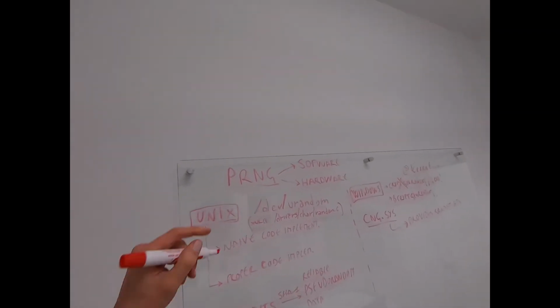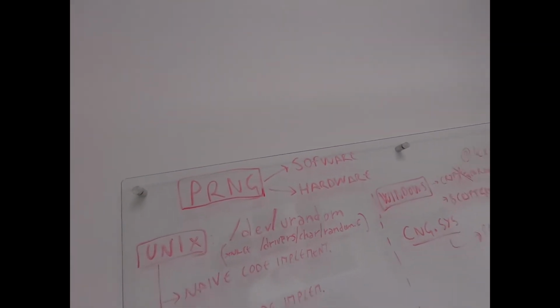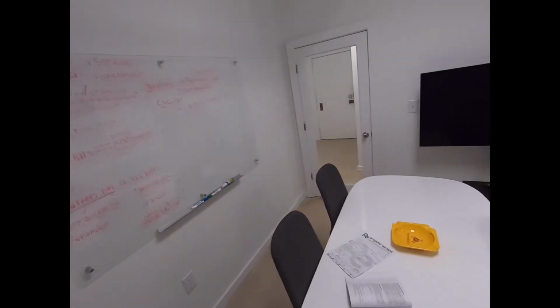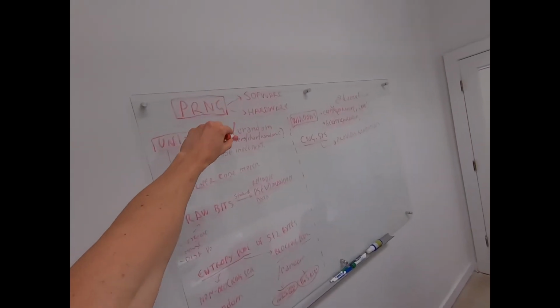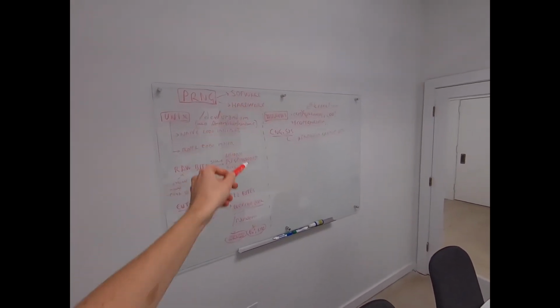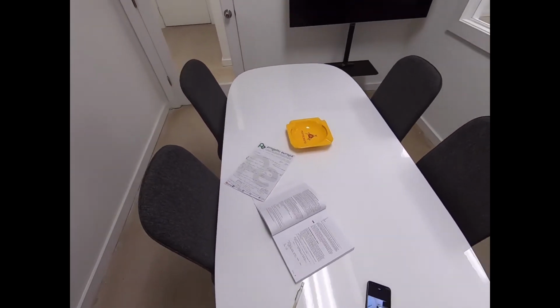So this covers some real-world applications of software pseudo-random number generators. Now let me take a break and go to the computer, where I will show the source code of some of these algorithms we talked about.